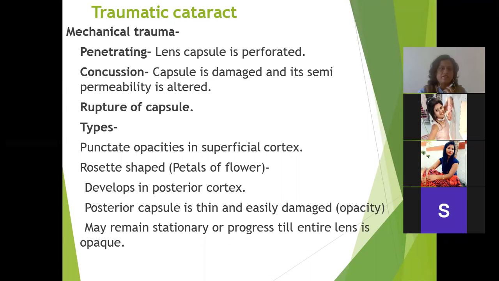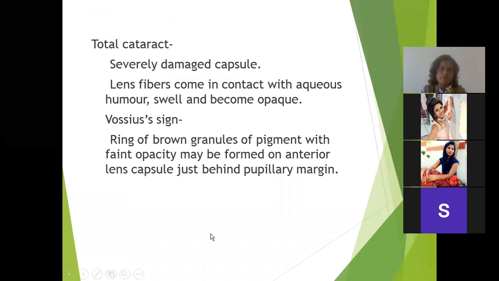The types are punctate opacity in the superficial cortex, rosette shaped like petals of a flower. It develops in the posterior cortex, and the posterior capsule is thin and easily damaged, so the opacity may remain stationary or progress till the entire lens is opaque.